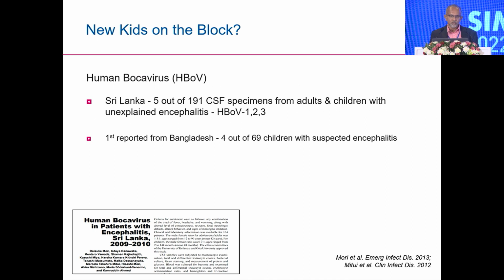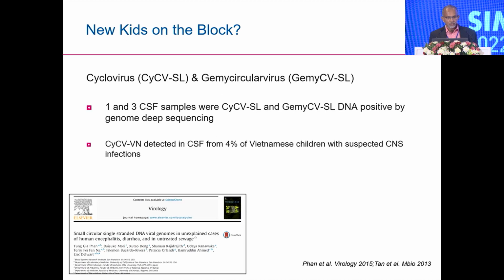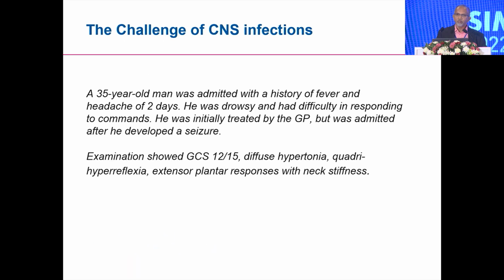In our study, we were able to identify a couple of such things. One was the detection of Boca virus, which is not thought to be a cause of CNS infection, in some of our adults and children, similar to some reports from Bangladesh and a few other reports following that now. And also small circular single-stranded DNA viruses, cyclovirus and semicircular virus, again detected on deep sequencing. So there are probably many things that we are missing.